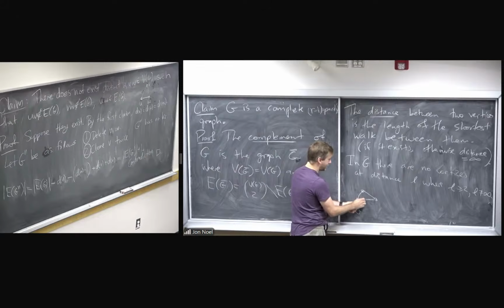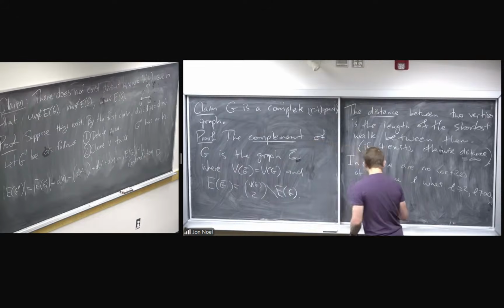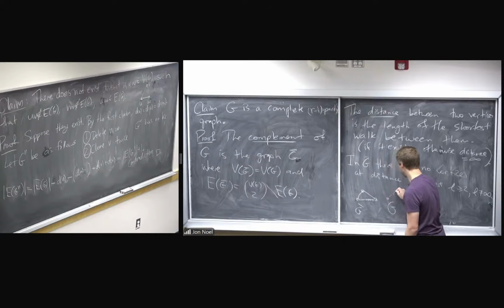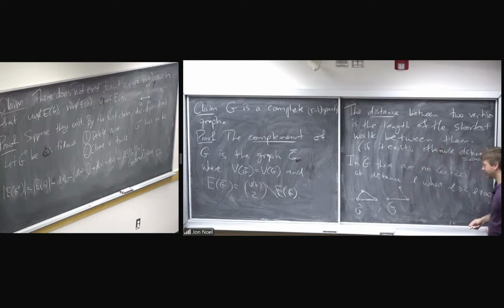If I take the first 2 steps of that walk, what it looks like in G complement is this. But what it looks like in G is like this, right? Because to make G, I just flip all the edges. But that's the forbidden substructure that we just dealt with in that claim.